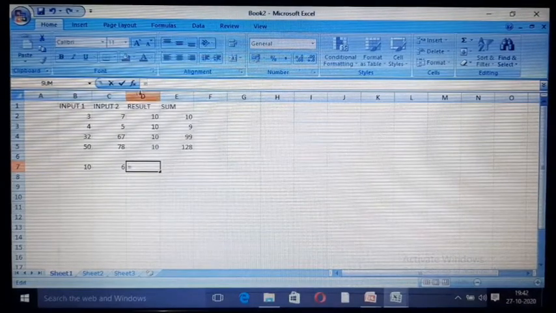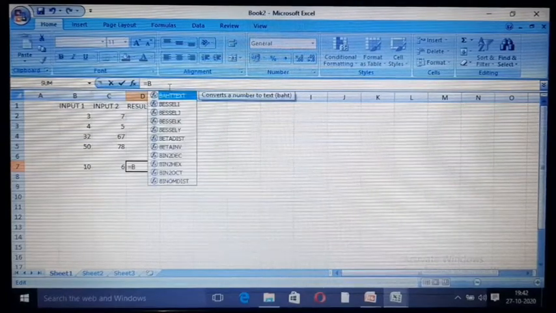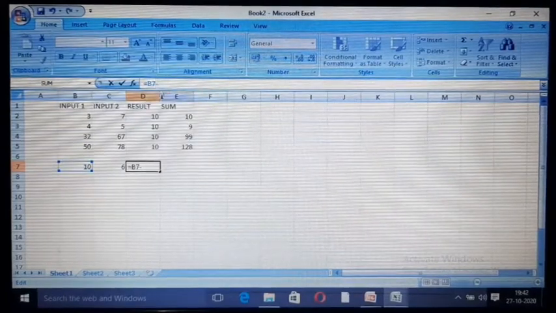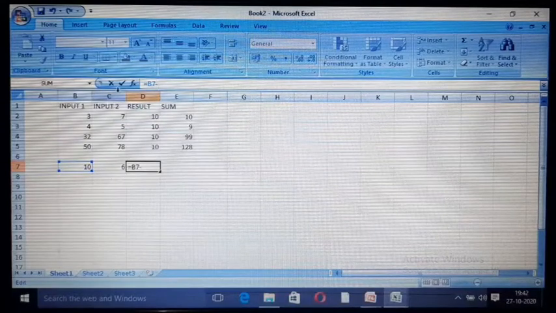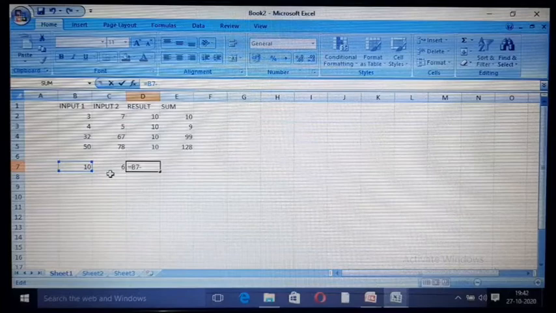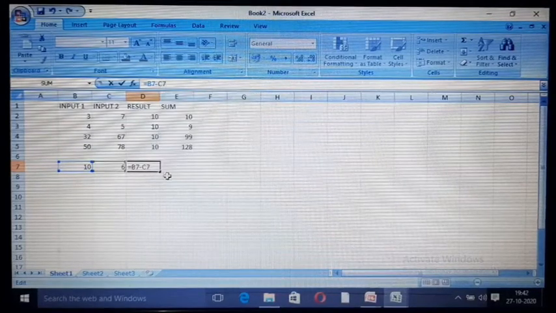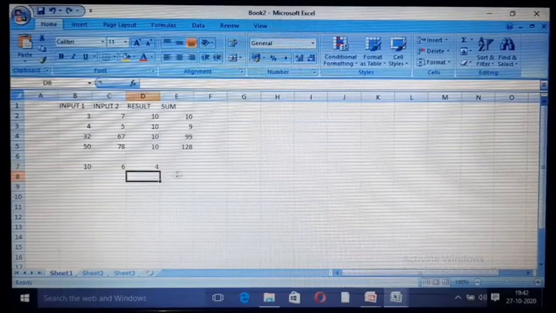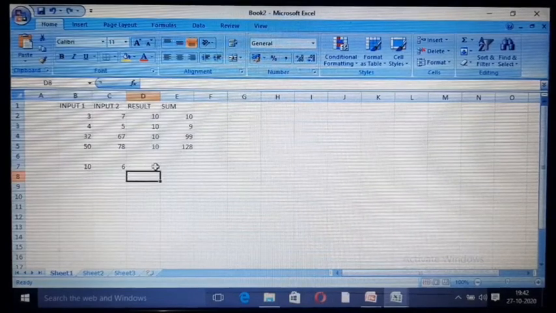It is in B7, so you write B7 here and write the minus sign, and number 6 is in C7, so you write C7 here and press enter.